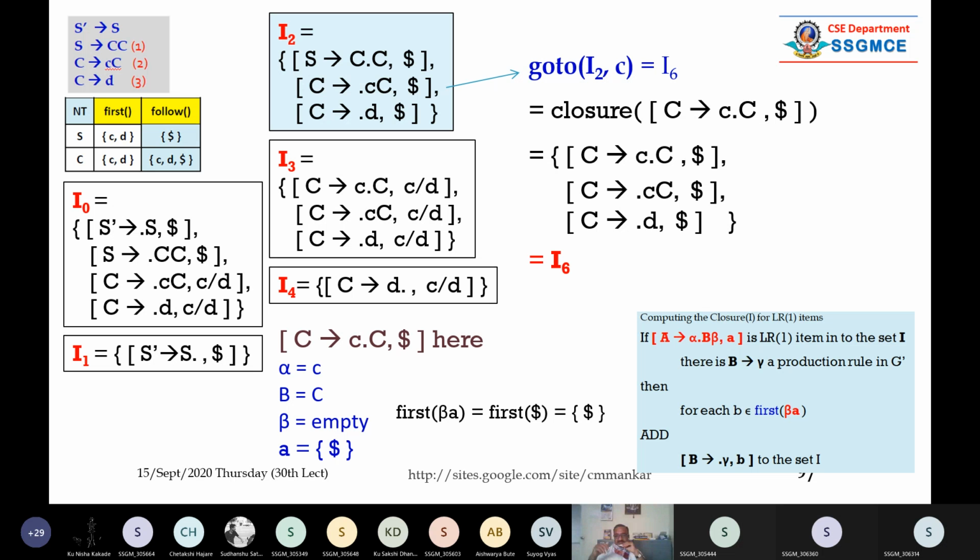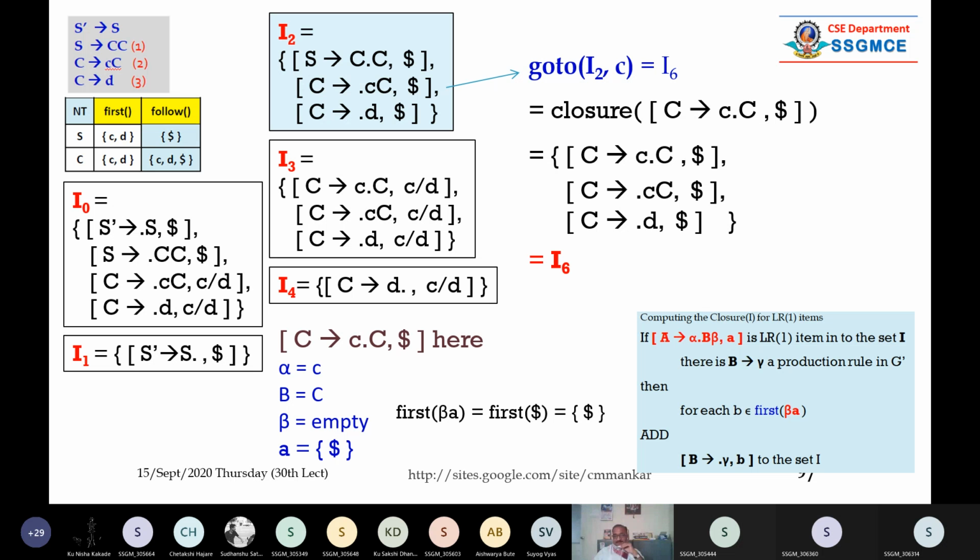Dot is in front of B. So in this case, capital C is B. And beta, there is no string, so we can assume beta is empty, or epsilon. And the terminal or lookahead is dollar. So ultimately, first of beta a, where beta is empty, so first of dollar will be as it is. And that's why dollar is added.